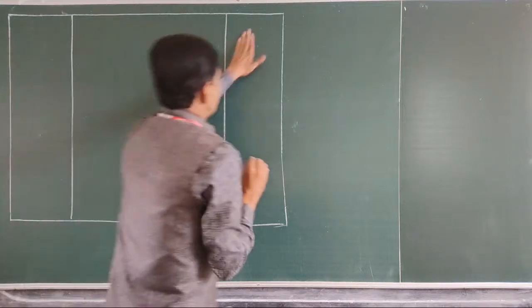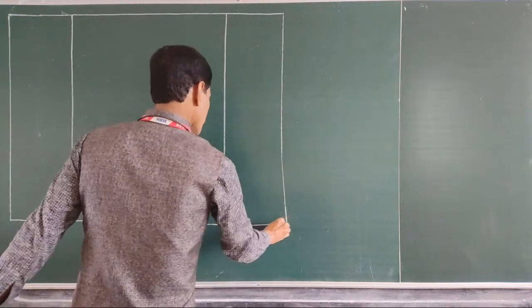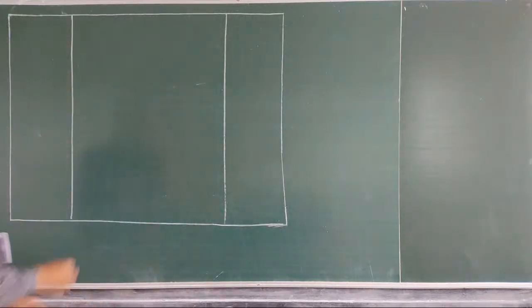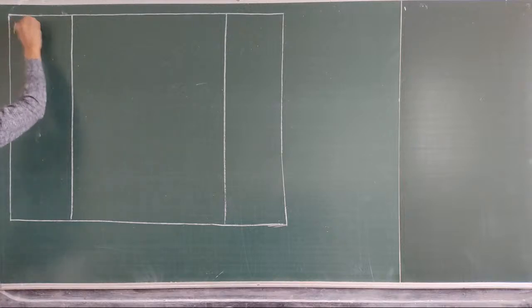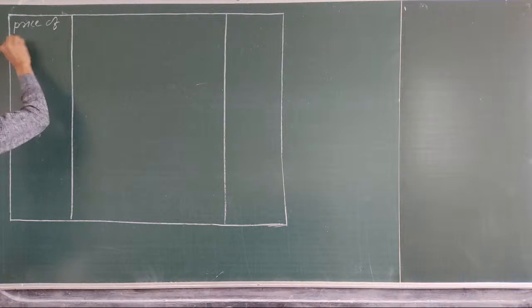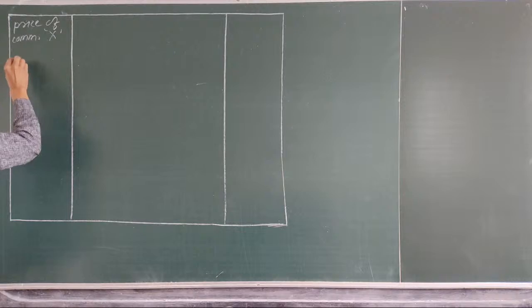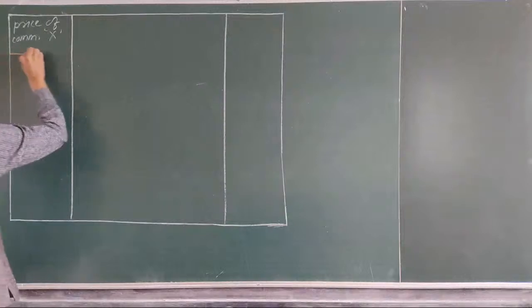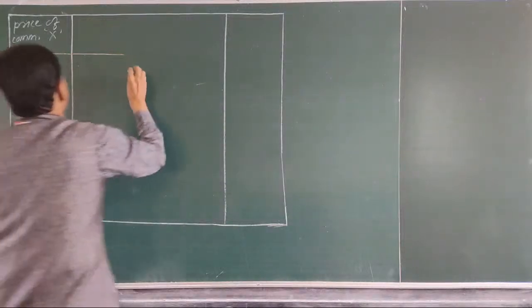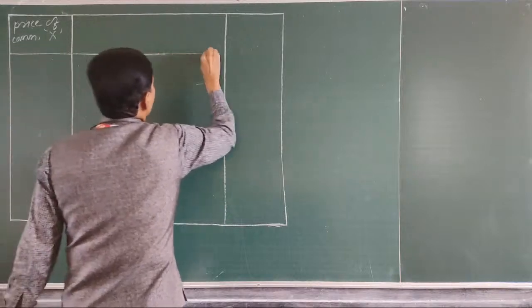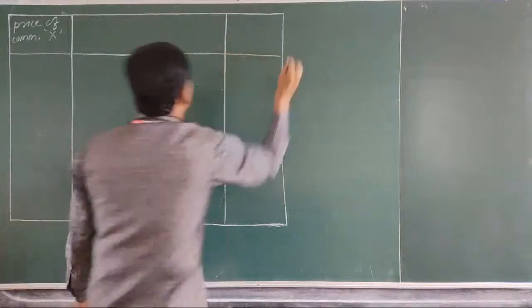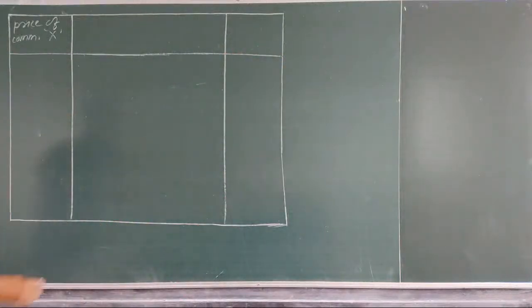Okay. First column, price of commodity X. Name of first column is price of commodity X.